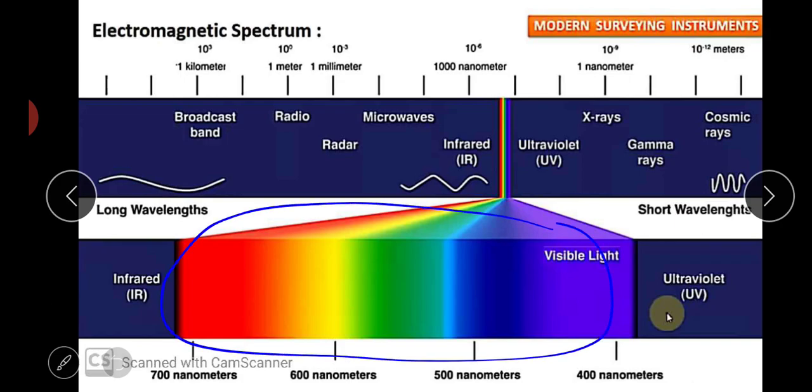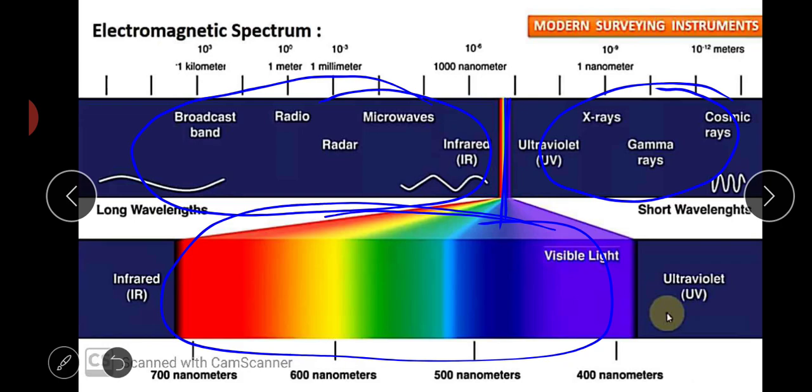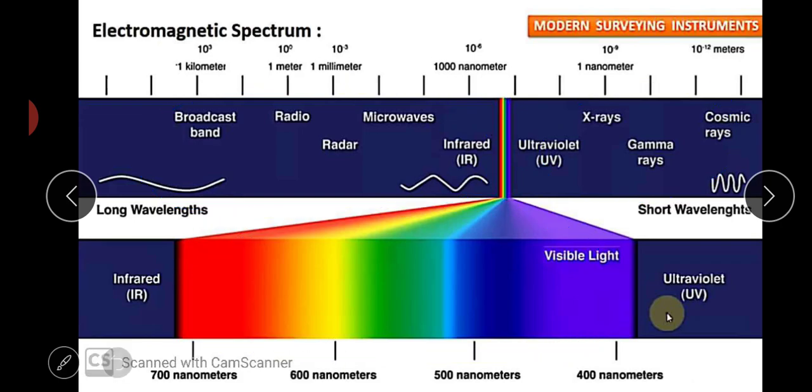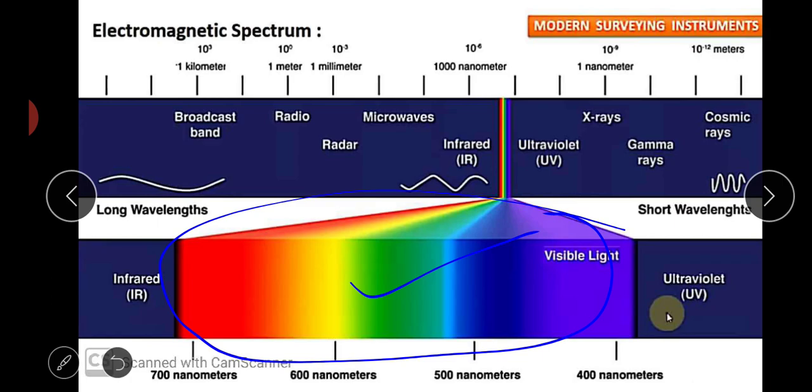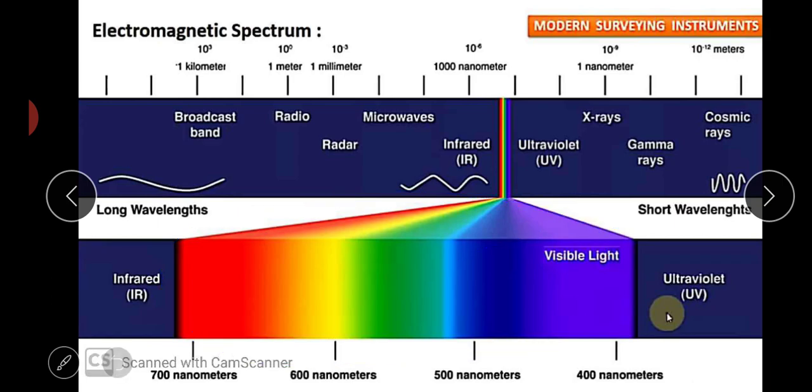All these different types of spectrum rays are passing through you, but your eyes are made in such a way that you can only see and feel this type of electromagnetic spectrum.